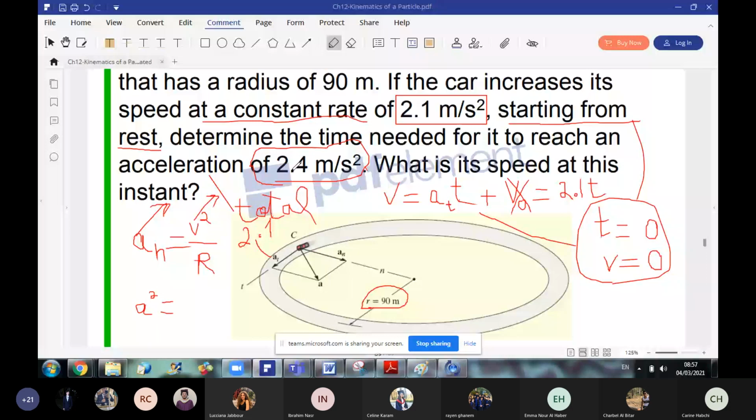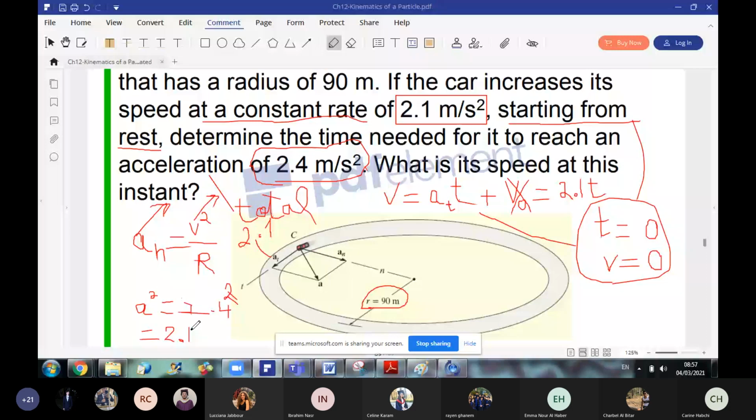So 2.4 squared is equal to 2.1 squared plus an squared.